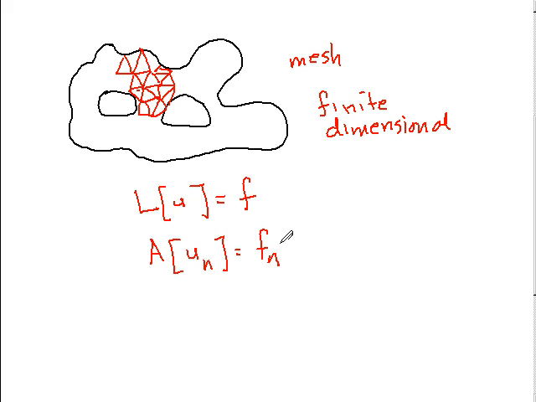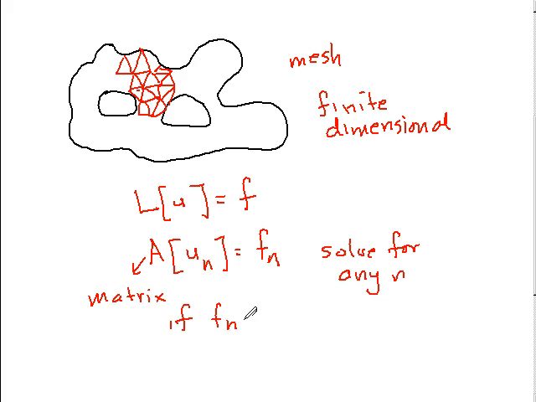Since these are finite dimensional, this is basically a matrix, and we can solve this for any n. Okay, the question is if the right-hand side converges to f, does the limit approach u? That's the $64 question.